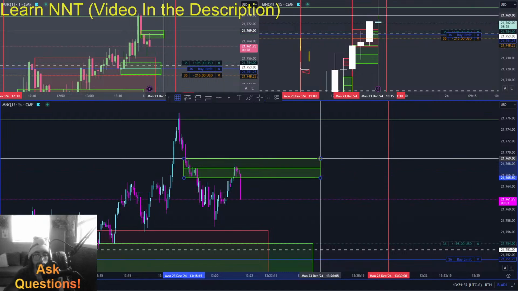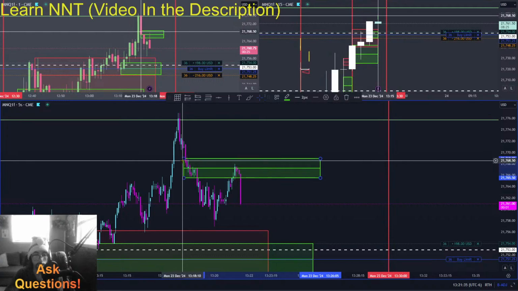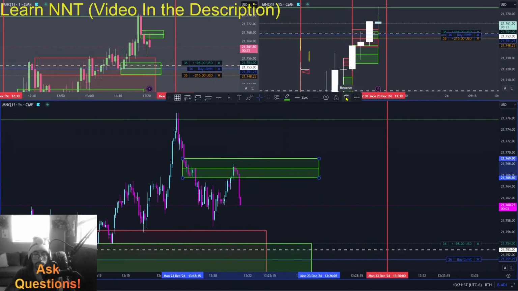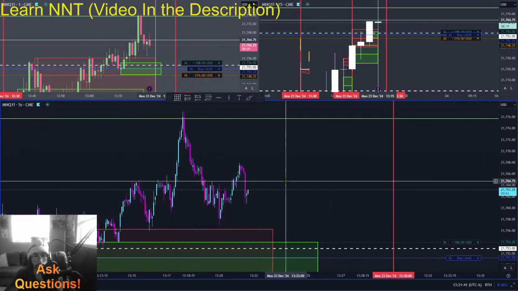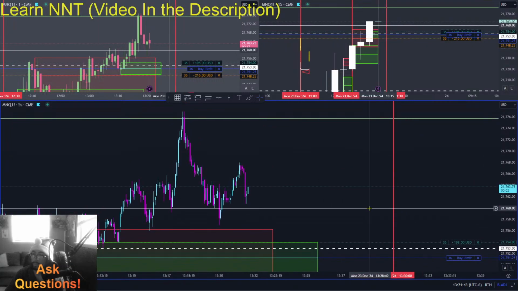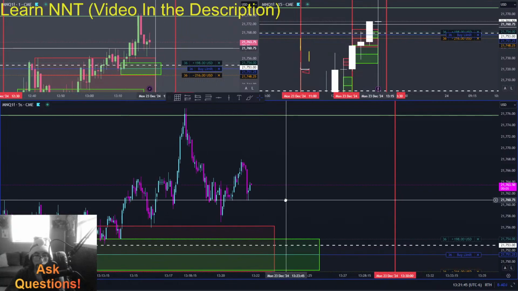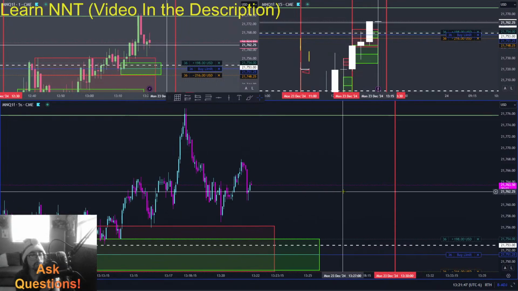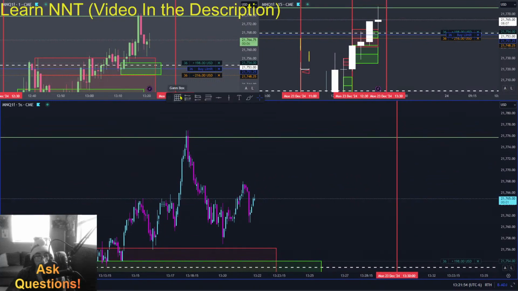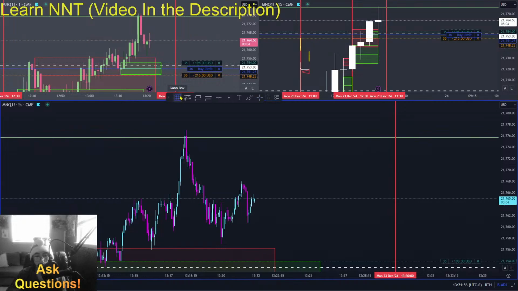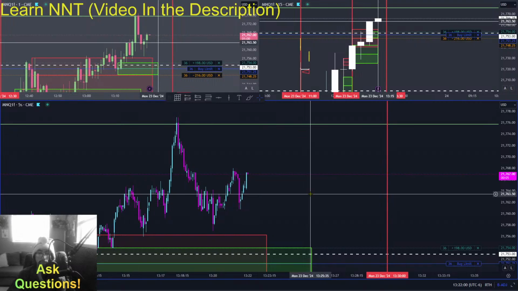Oh, okay. Let's delete that. Come on. As you can see, everywhere I draw a box, price reacts to. The stocks and candles follow where I put the boxes at.